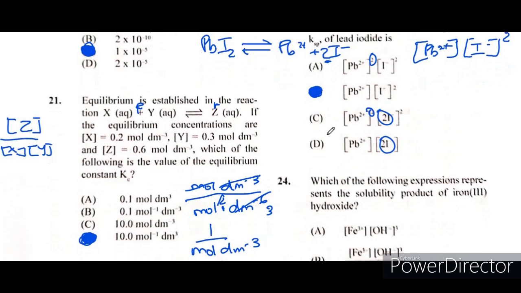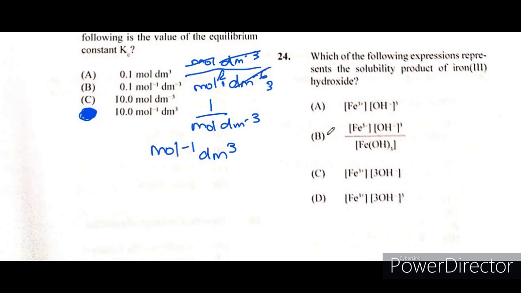24, it's basically the same principle. Which of the following expressions represents the solubility product of iron 3 hydroxide? If we have Fe(OH)3, we'll have Fe3 plus and the OH minus ion, but 3 of those, because we have 3 here.